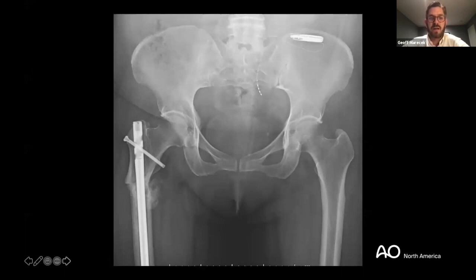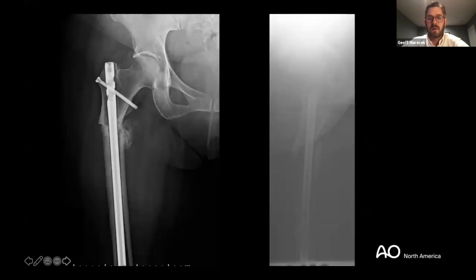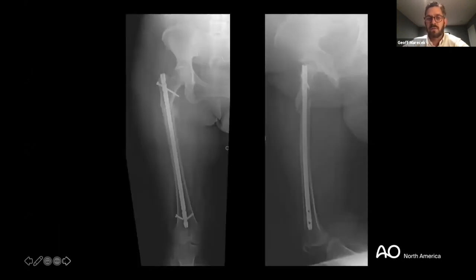This is a straight nail that was placed through the lateral to the tip of the trochanter. When you look on the lateral, you can see that same flexion deformity that we've been accustomed to seeing. So that was flexed up and it was not reduced, and so she had a non-union, and you can really see it there.